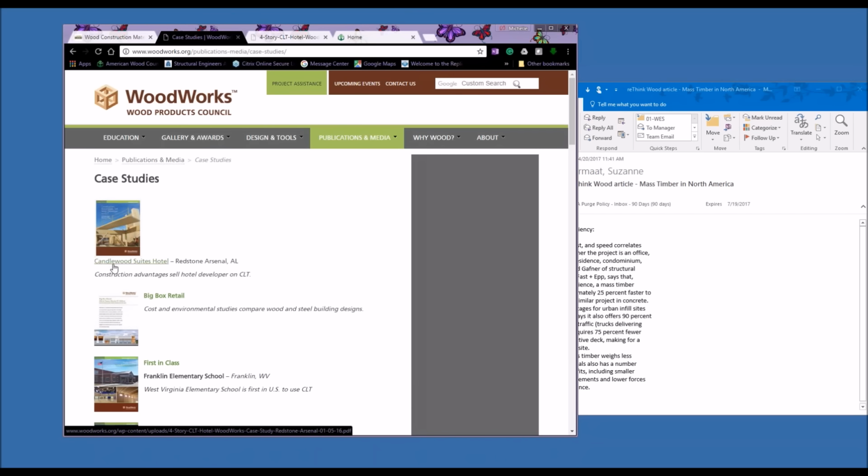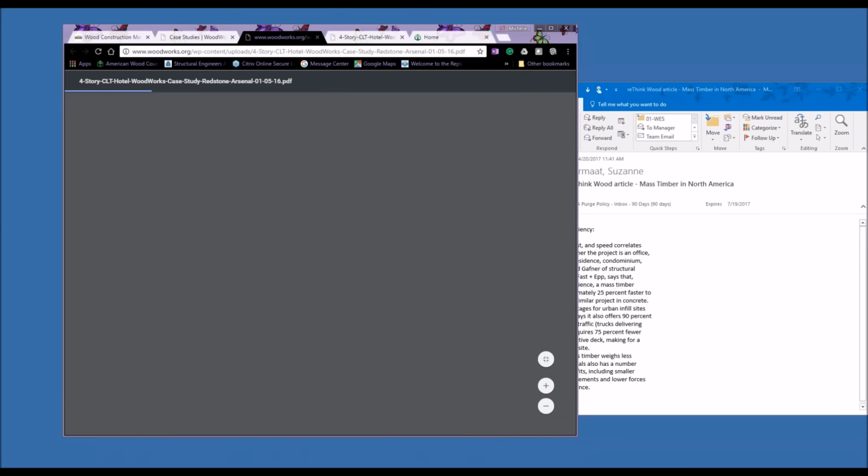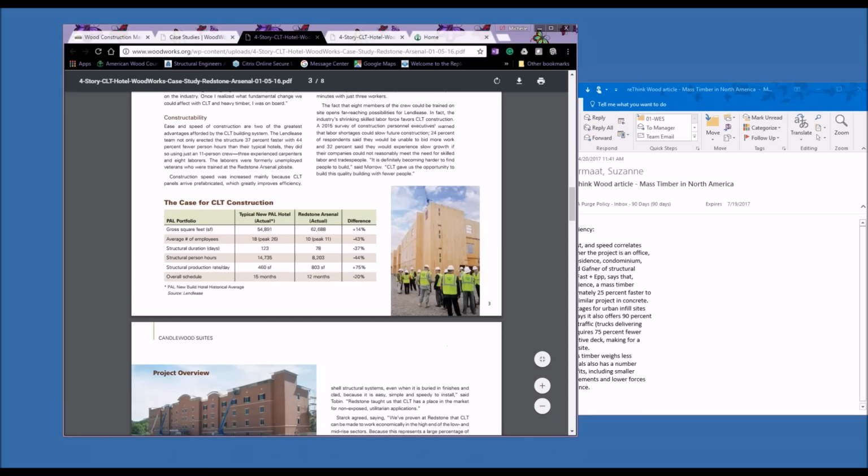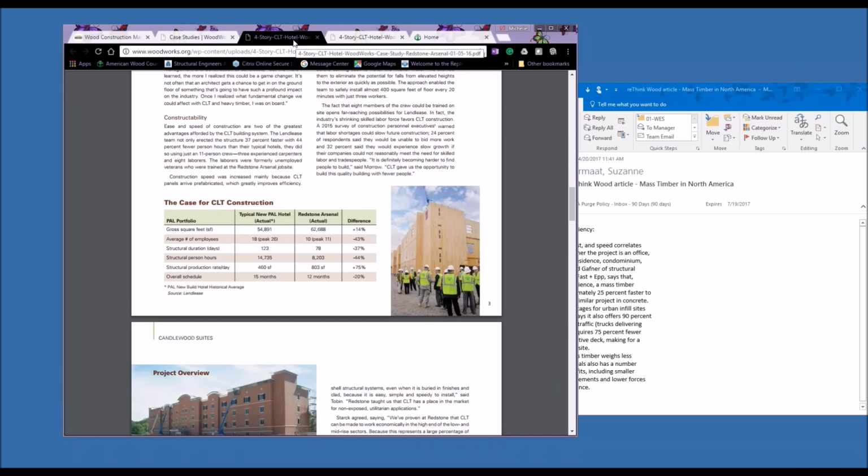This particular one is on the Redstone Arsenal that provides some information related to cost, comparing what a typical hotel would be versus the Redstone and the percentage difference. But definitely contact WoodWorks because they can provide you with additional information on cost.